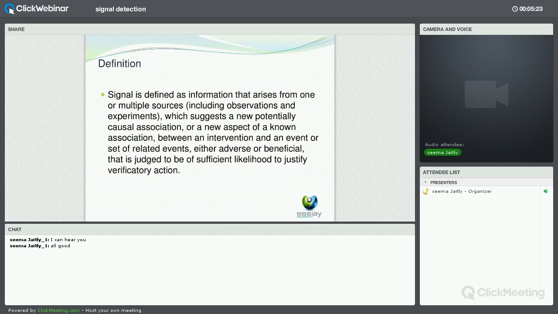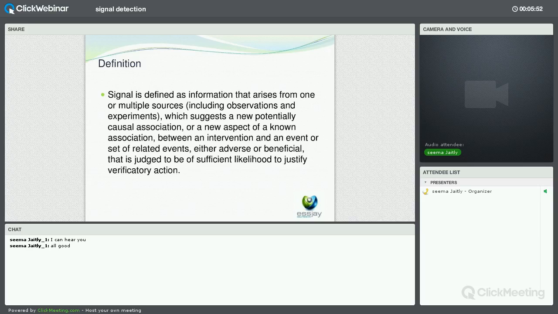So let's look at the definition of a signal. The way we think about it, it's a signal that something's not quite right with what you're seeing. But this is a definition that comes from CIOMS 8. And you can see they talk about signal arising from one or more multiple sources, suggesting a new, potentially causal association or a new aspect of a known association between an intervention and an event or set of related events.